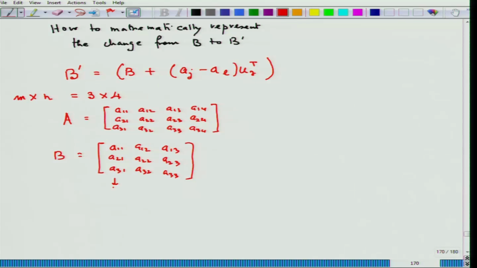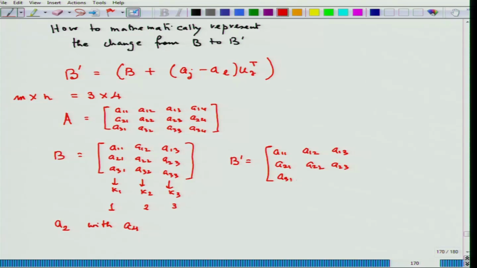Now, this is my K1, this is my K2 and this is my K3. So, K1 is 1, K2 is 2, K3 is 3. Suppose I am replacing K2, that is A2, with A4. So, my B dash would be B, which is A11, A12, A13, A21, A22, A23, A31, A32, A33, plus A4 minus A2.